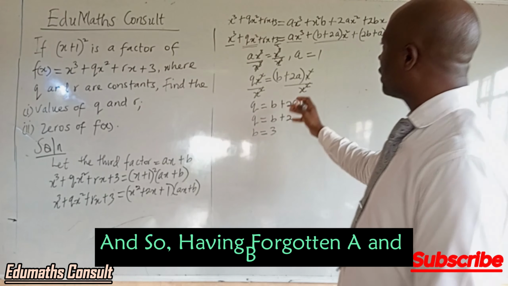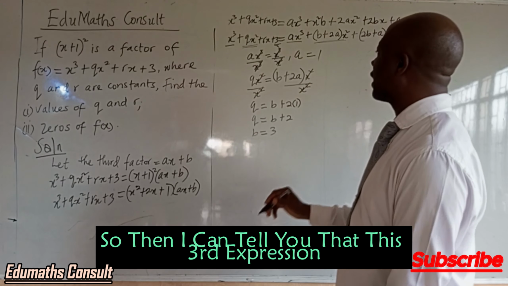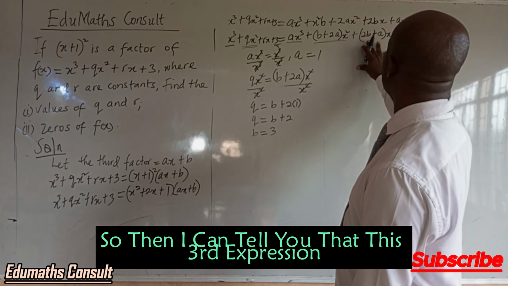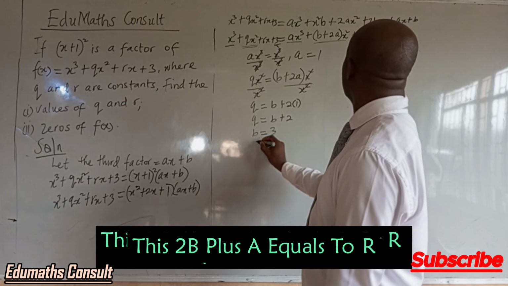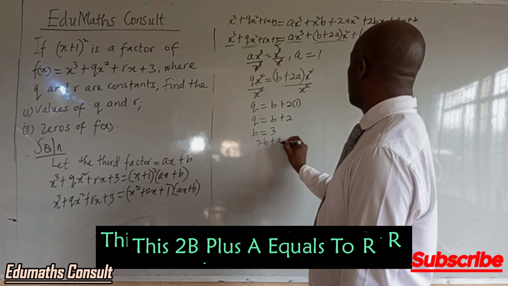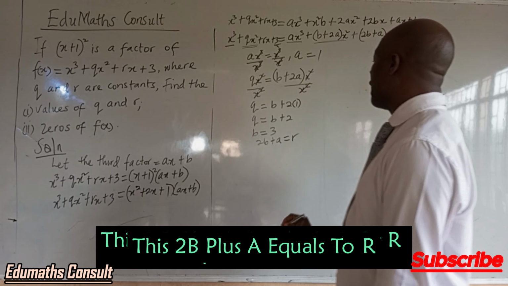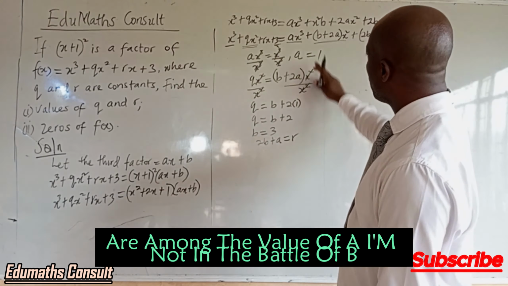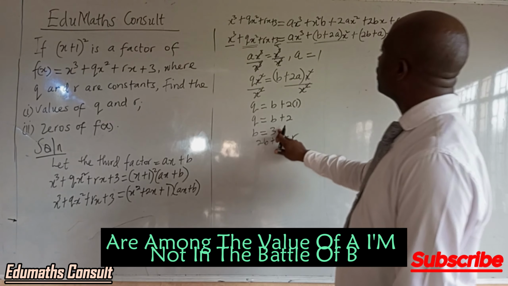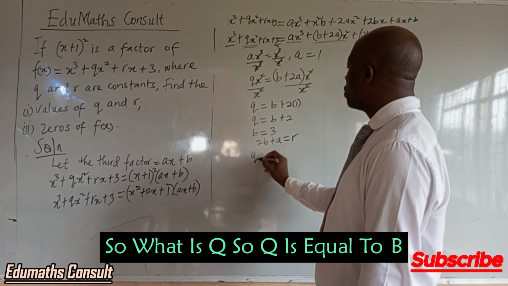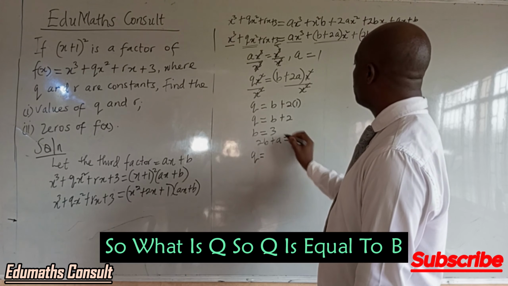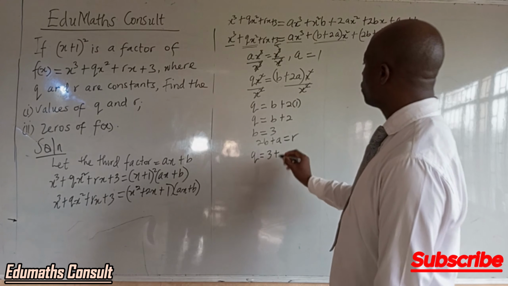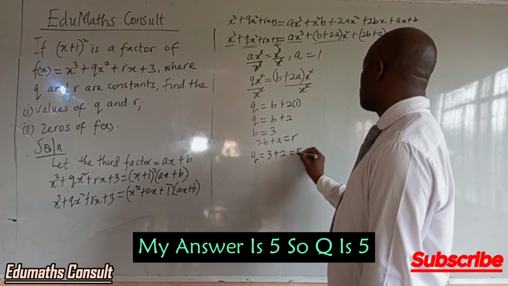Having gotten a and b, I can tell you categorically that 2b + a will be equal to r. So what is q? q is equal to b + 2, which is 3 + 2. My answer is 5.